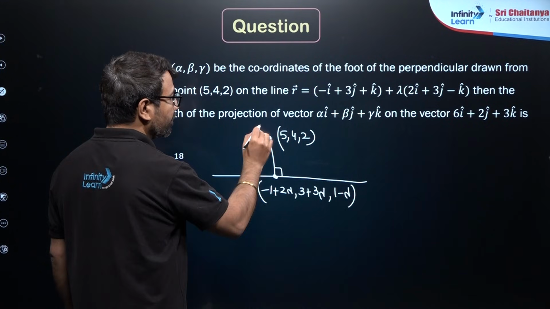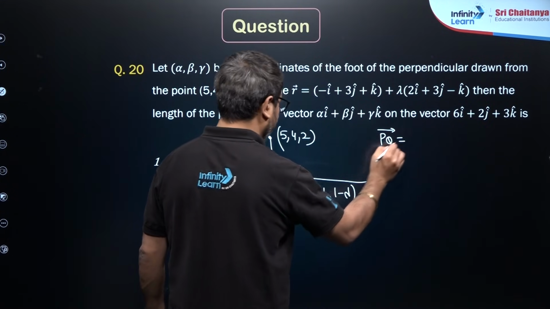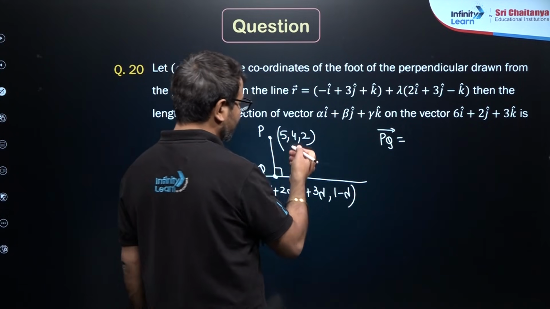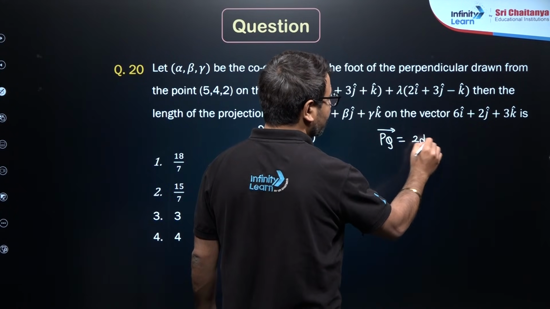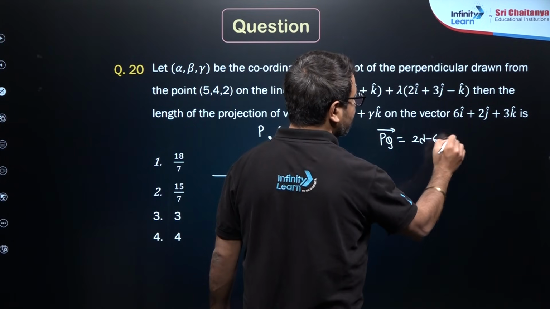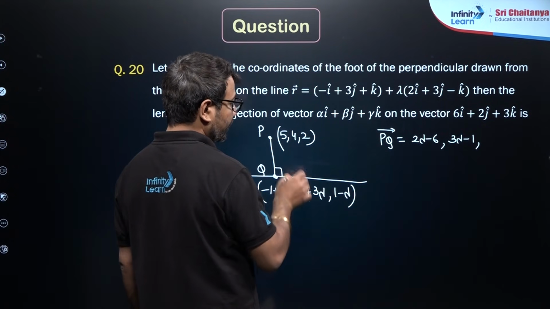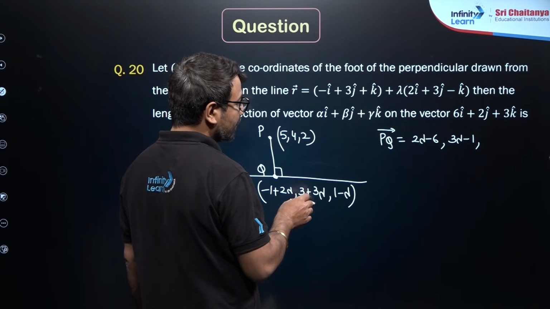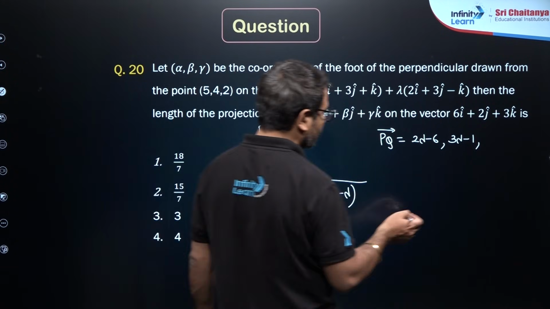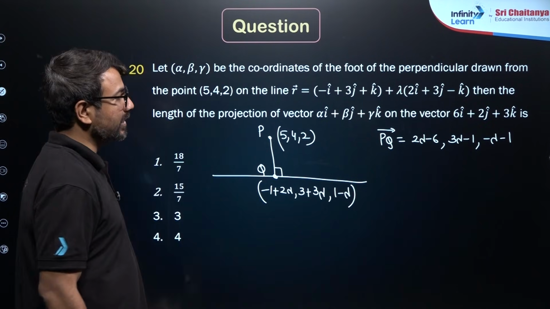So here we have P point, here we have Q point, then it is PQ vector. So minus 1 plus 2 lambda minus 5, so it will be 2 lambda minus 6. 3 plus 3 lambda minus 4, so 3 lambda minus 1. And then, my dear students, here 1 minus lambda minus 2, so it will be minus lambda minus 1. I hope you are able to understand this.